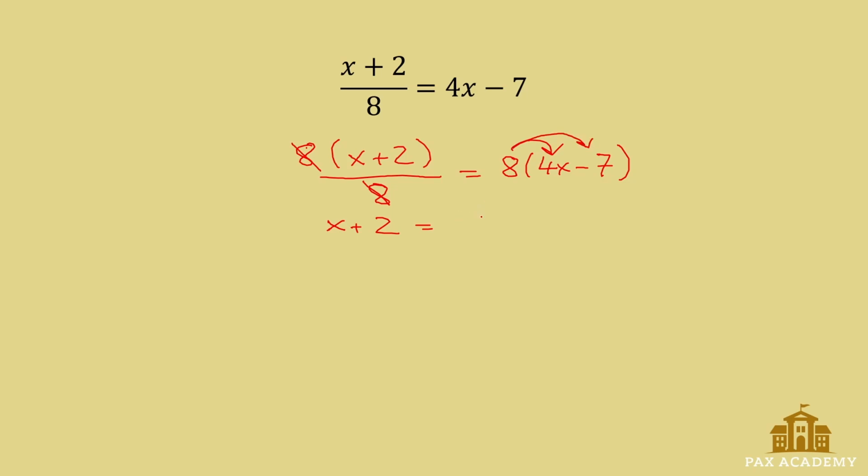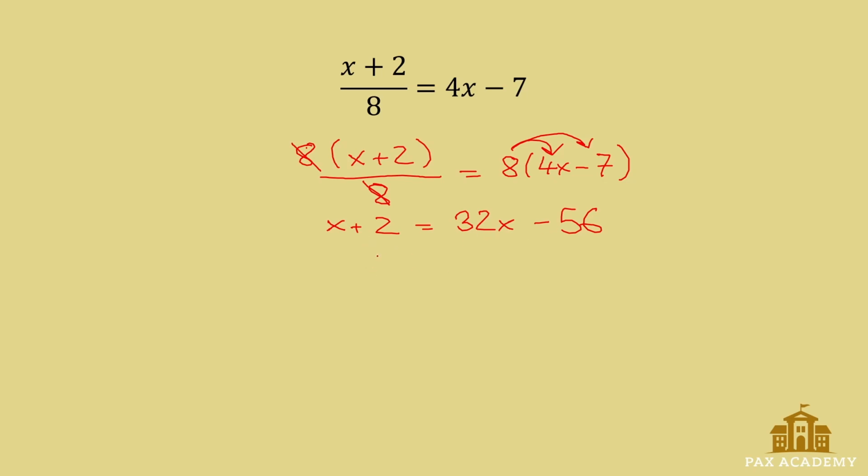So 8 times 4 is 32x. And 8 times minus 7 is equal to minus 56, if I did that correctly. Okay, so now we have x plus 2 is equal to 32x minus 56.